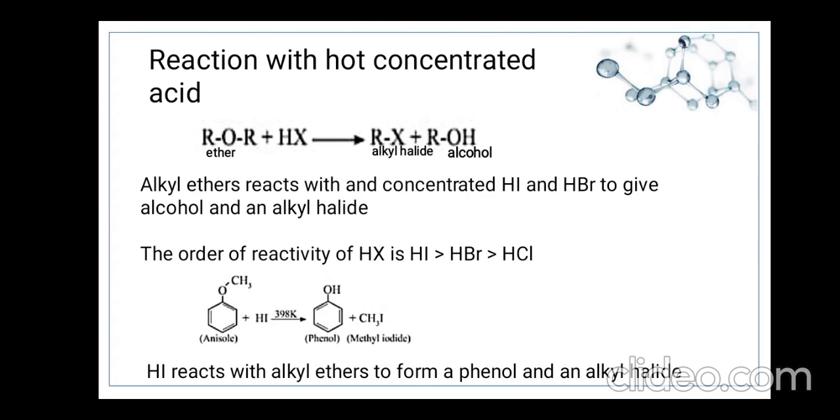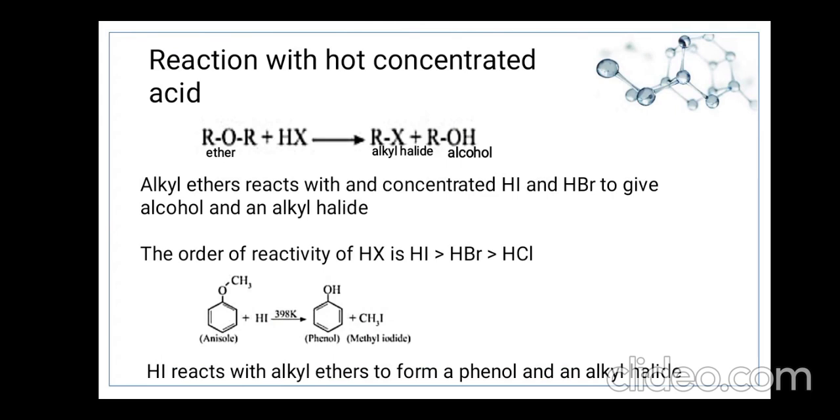Alkyl ethers react with concentrated HI, that is hydrogen iodide. Alkyl ether reacts with concentrated HI and HBr to give alcohol and an alkyl halide.